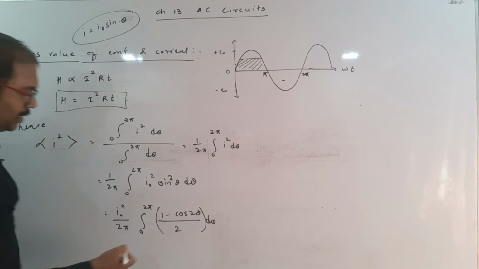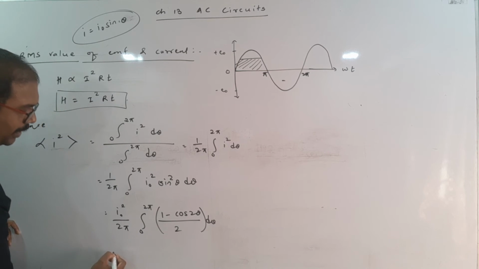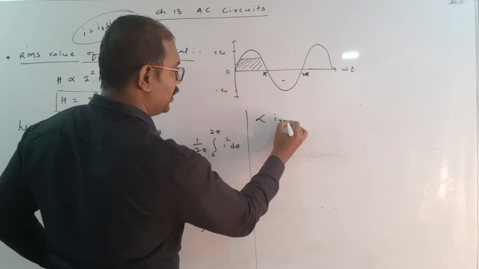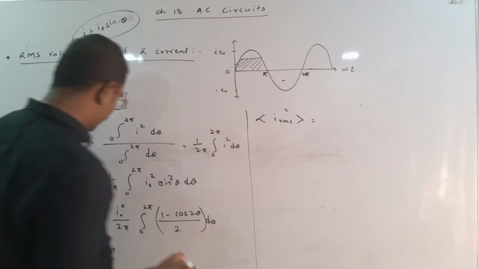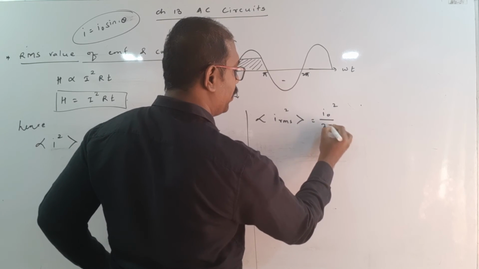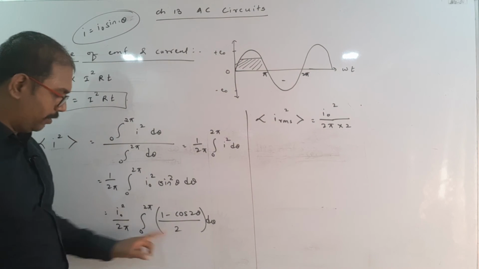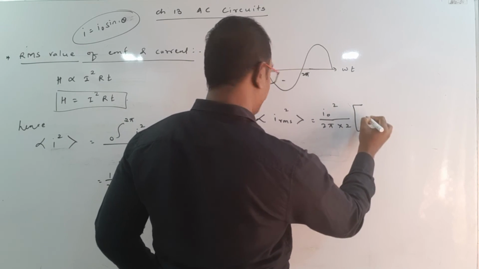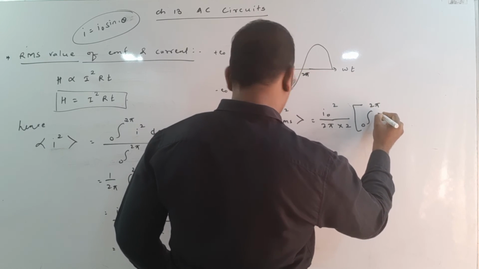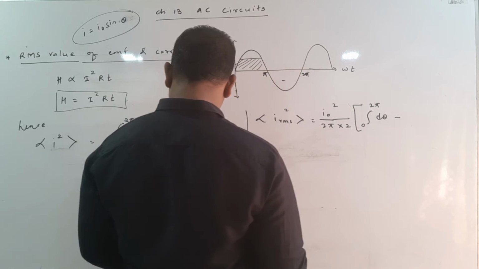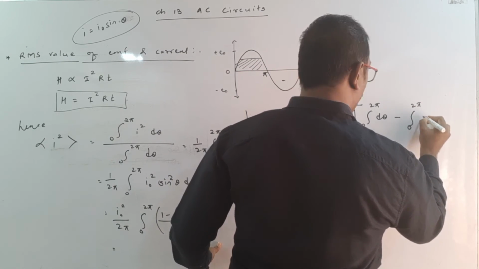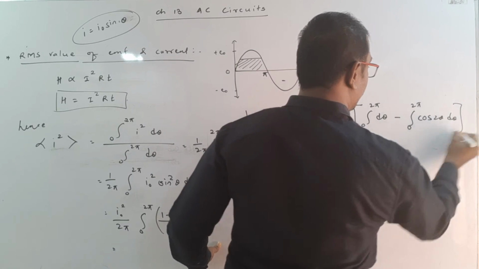The 2 also we can take out. So the average value of this current, or RMS current square, is equal to I0 square divided by 2 pi into 2, then in a bracket, integration 0 to 2 pi d theta minus integration 0 to 2 pi cos 2 theta d theta.